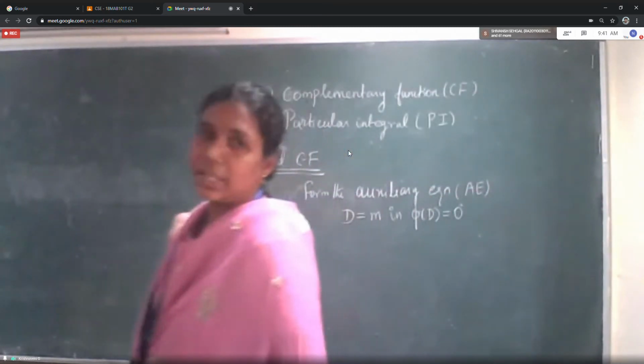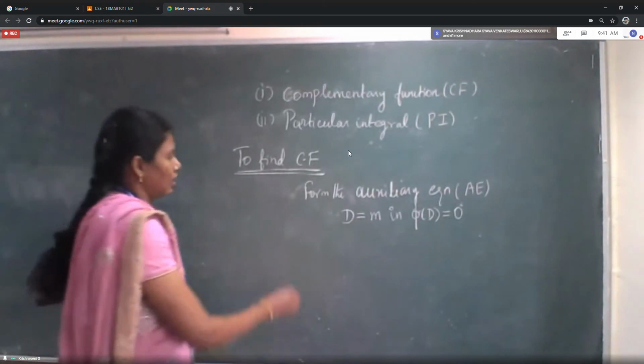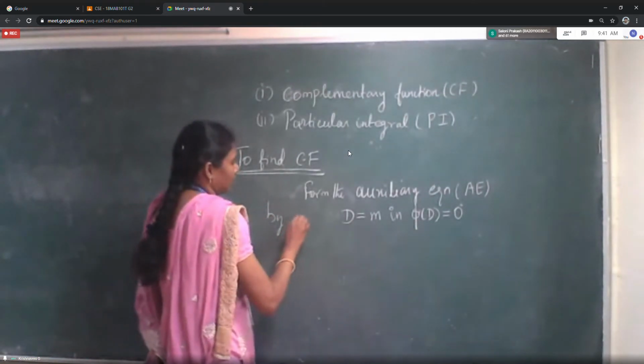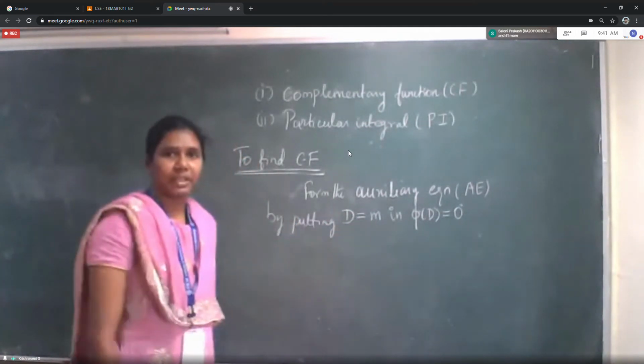Form the auxiliary equation by putting D equal to M in phi of D equal to 0.